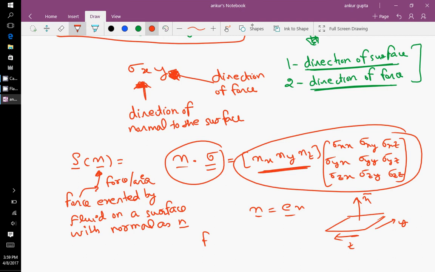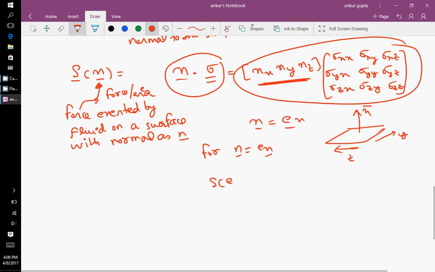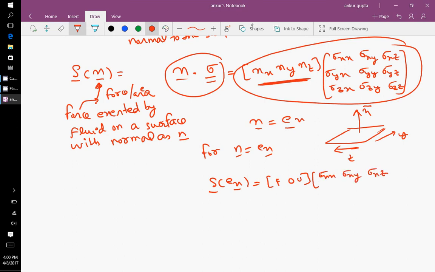For n equal to only ex, the S vector for ex will become 1 0 0 times sigma xx, sigma xy, sigma xz, sigma yx, sigma yy, sigma yz, sigma zx, sigma zy, sigma zz.